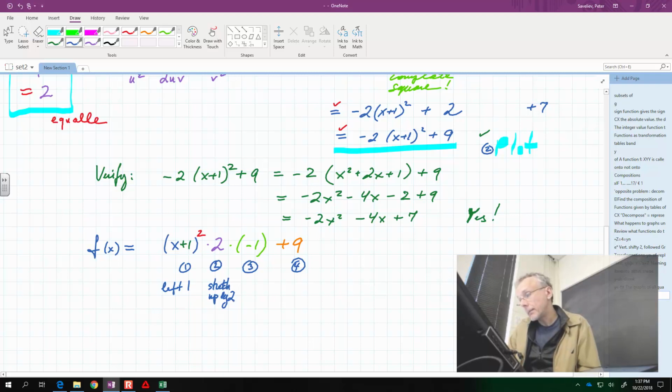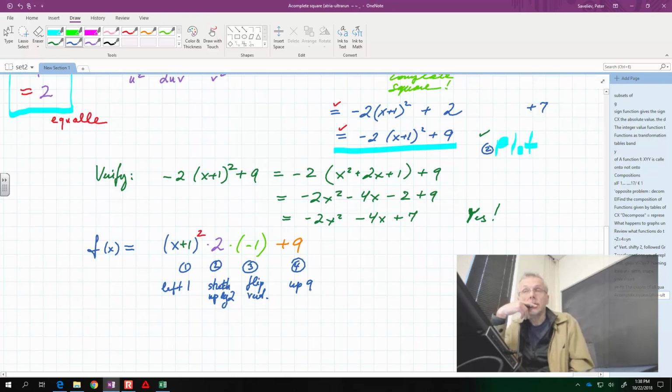Number 3, yes, vertically, a flip. And finally, no, not horizontal, it's vertical. It's happening to y now, so it's up by 9. Once it's all listed, it shouldn't be a big challenge to carry it out.